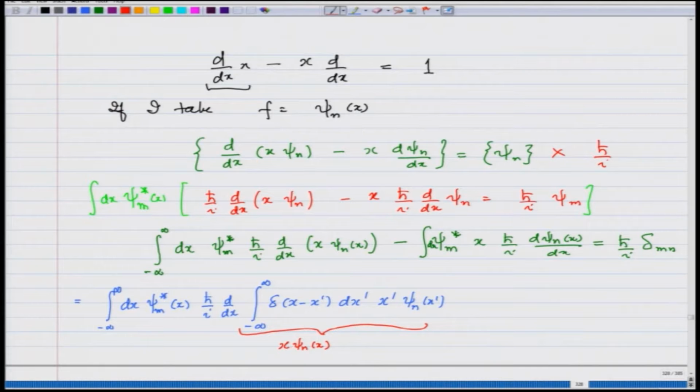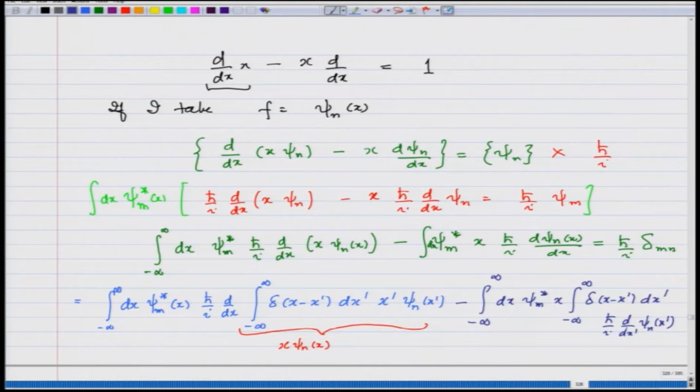But I am doing it so that I can write delta x minus x prime using completeness in terms of psi again. And the second term is therefore going to be similarly minus the integral from minus infinity to infinity dx psi m star x, integral from minus infinity to infinity delta x minus x prime dx prime h cross over I d by dx prime of psi n x prime.